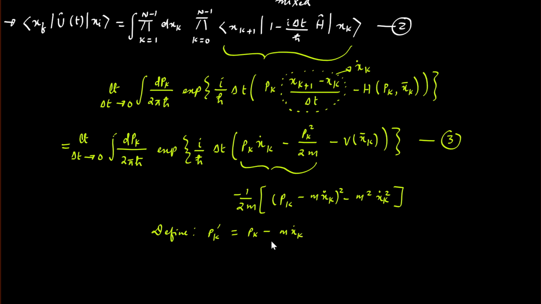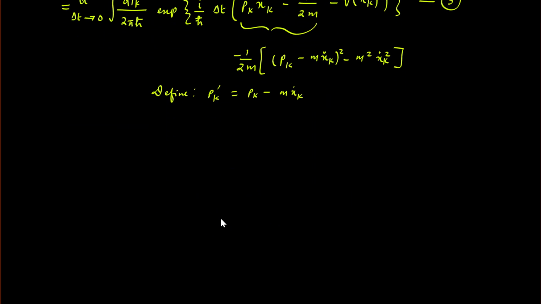Then I can easily write equation 3 in terms of this p_k prime variable, and it is given as follows.